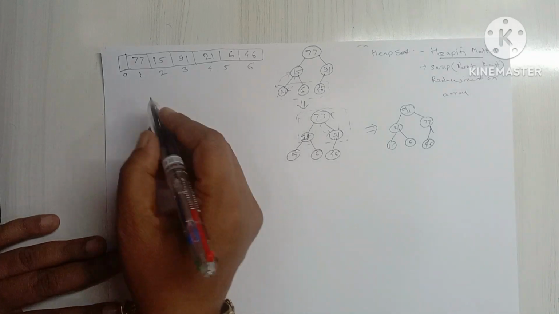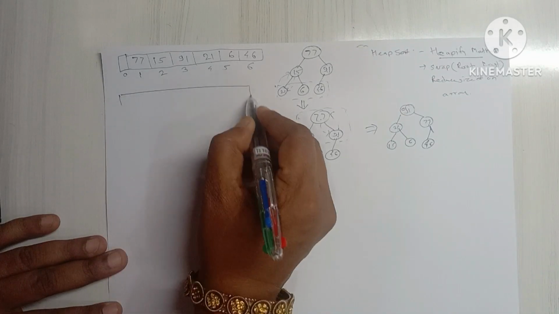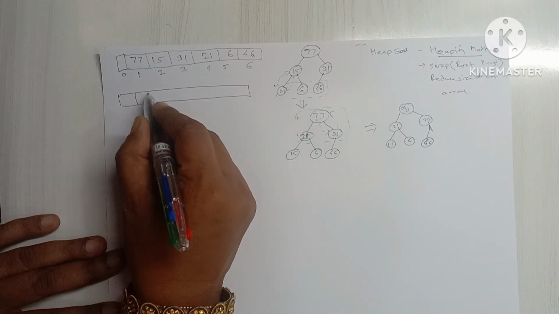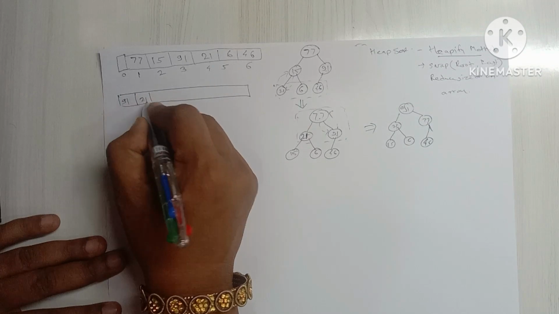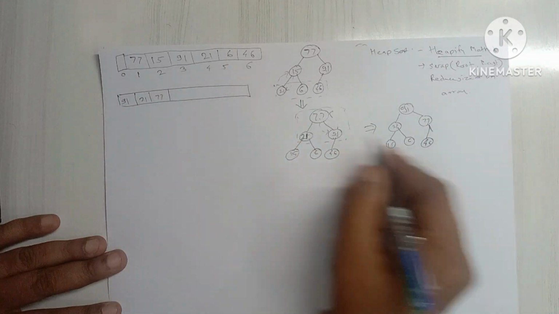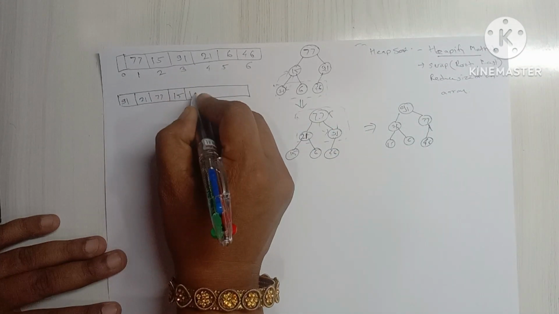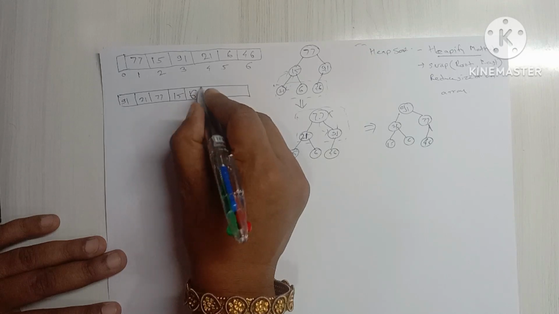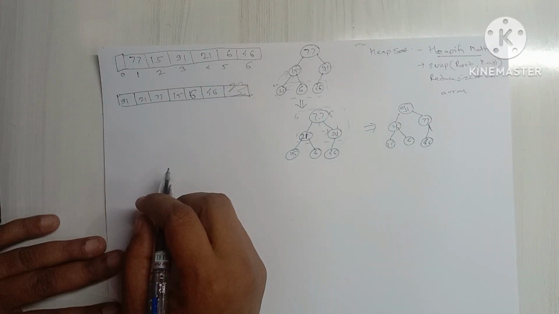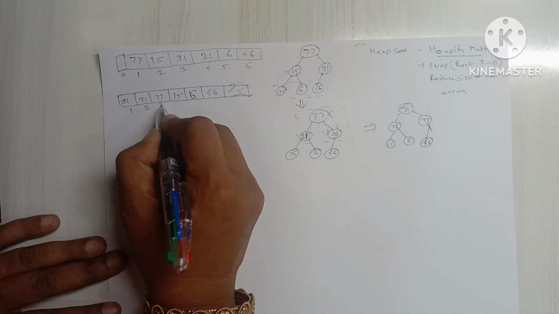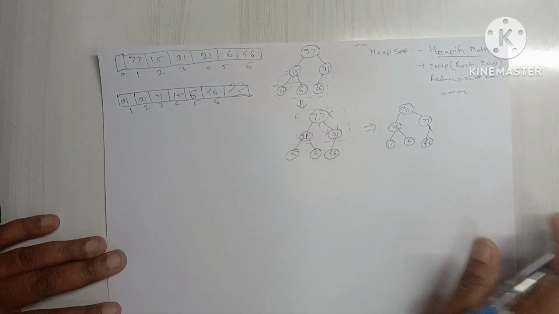How can we represent that max heap in the array? First level 91, second level 21, 77, next level 15, then 6, and then 46. In that way we represent first, second, third, fourth, fifth, sixth index.